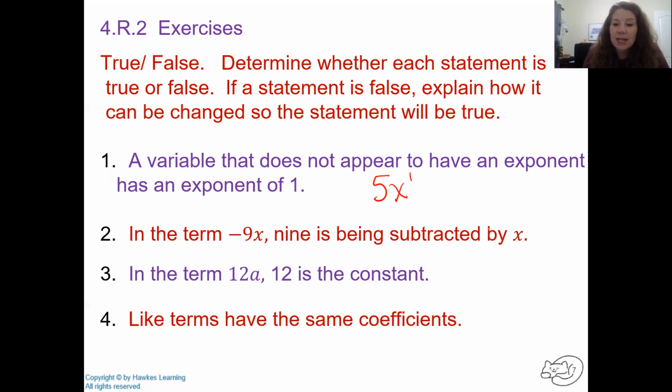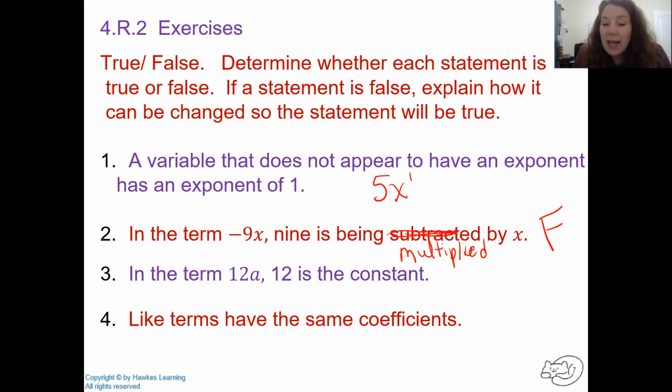That's not true. That is false, right? So how would we make it true? 9 is being multiplied by x. So if you have a coefficient together with a variable, they're stuck together, that shows multiplication.